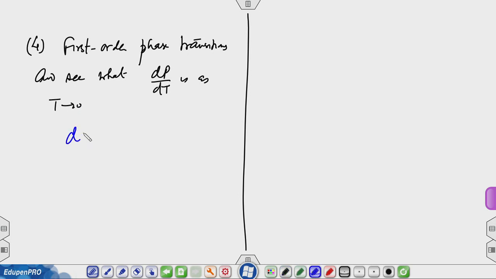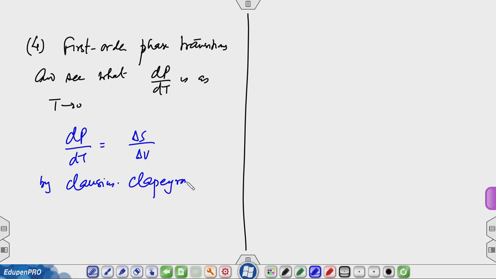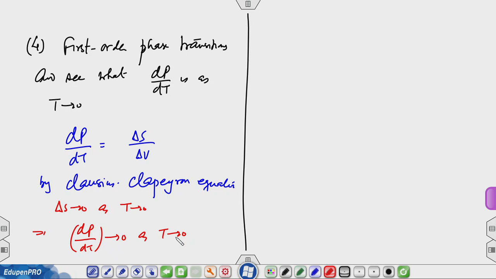So dP/dT is equal to delta S over delta V by the Clausius-Clapeyron equation, and delta S goes to 0 as T goes to 0. So this means dP/dT goes to 0 as T tends to 0 for all phase diagrams. So you can check all the phase diagrams have this slope going to 0 as T tends to 0.